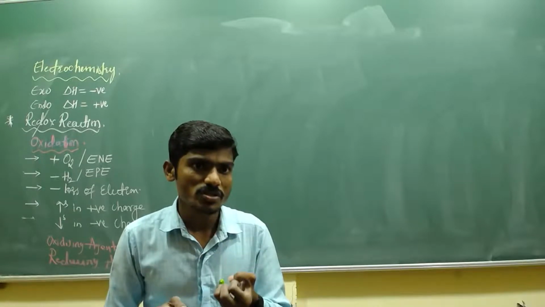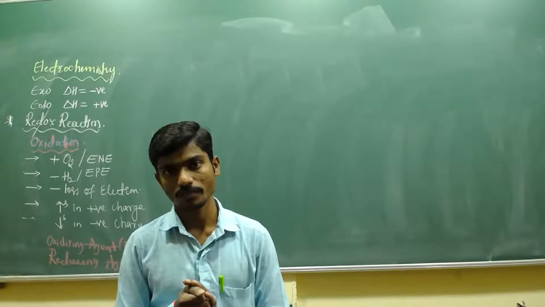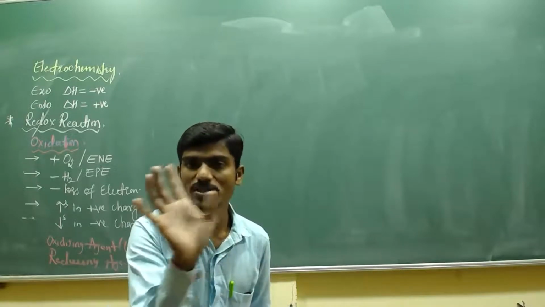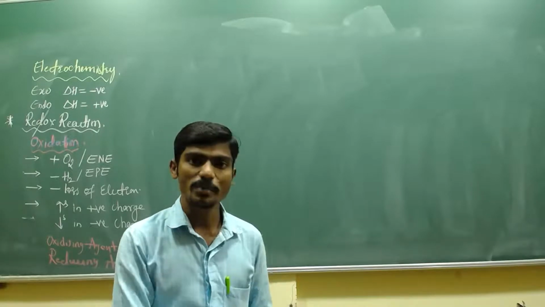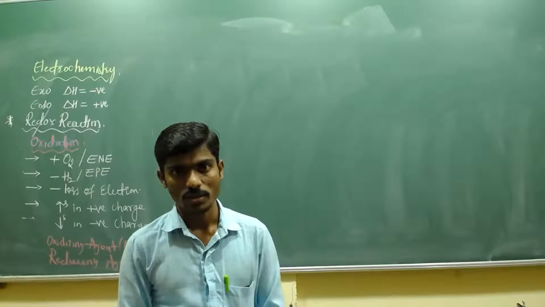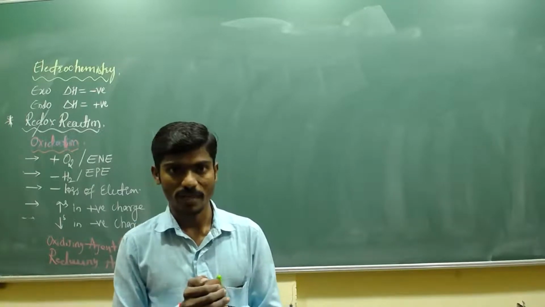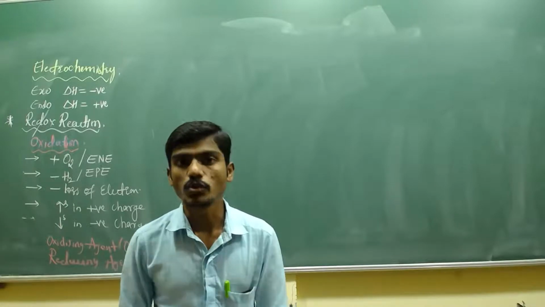These are the substances which do not allow the passage of current through them. Such substances are called bad conductors or insulators, for example rubber, wax, glass, etc. Right? Non-conductors are simply insulators.